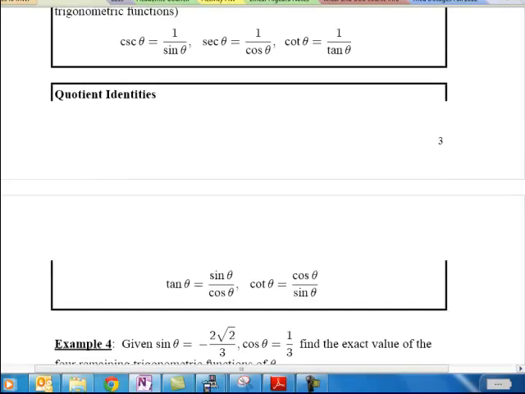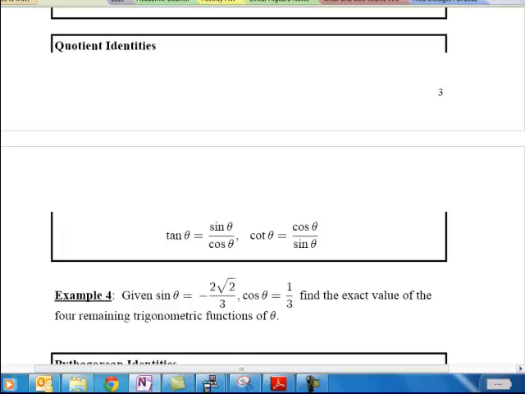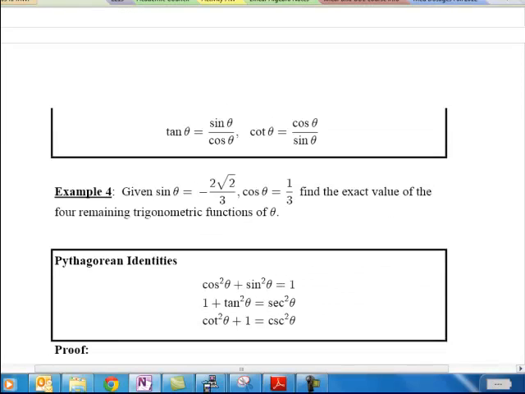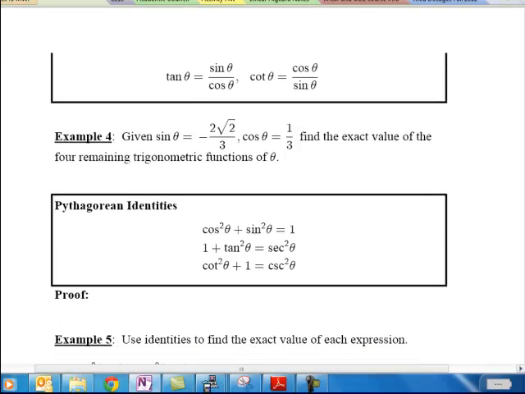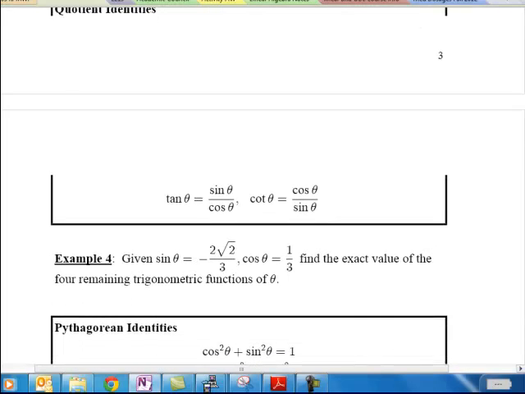And then we've also got what are called the quotient identities, that tangent of theta is the sine of theta divided by the cosine, because sine is y and cosine is x, and tangent is y divided by x. And cotangent is the cosine divided by the sine, because cosine is x and sine is y. So those aren't really anything super new. We've been using them throughout. We just haven't formally named them as the reciprocal identities and the quotient identities.